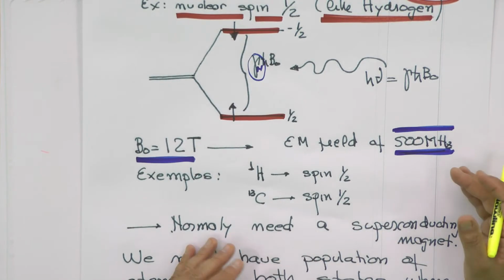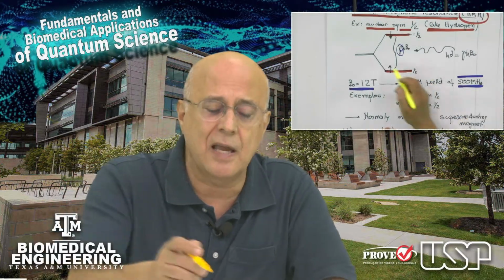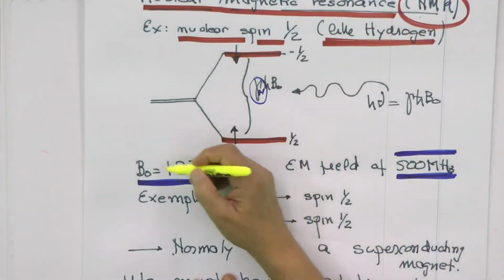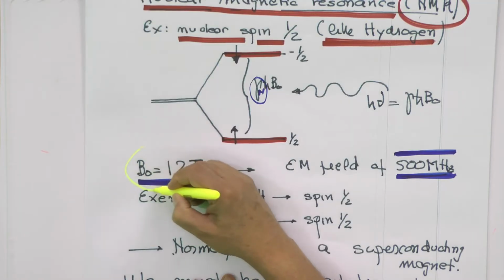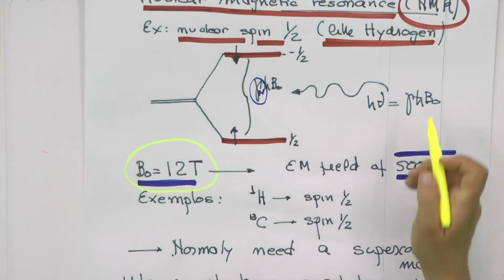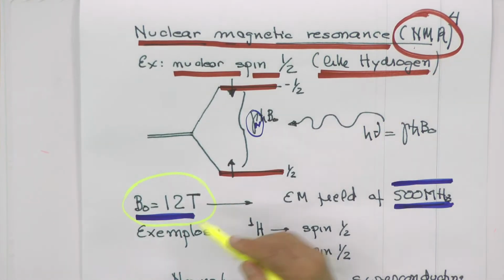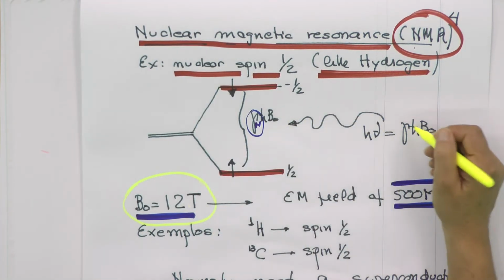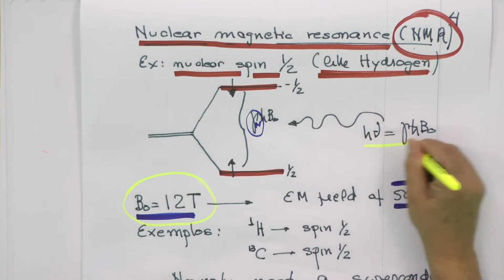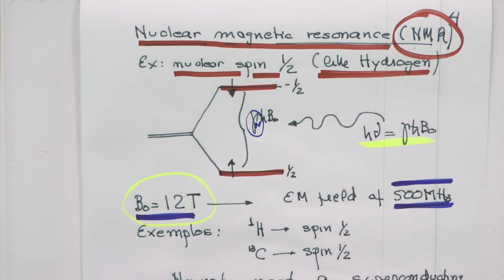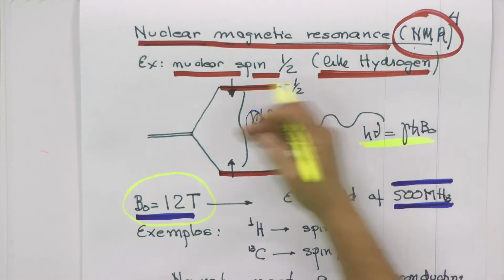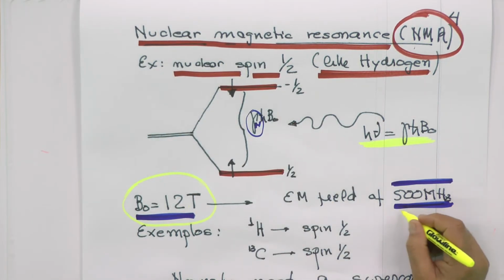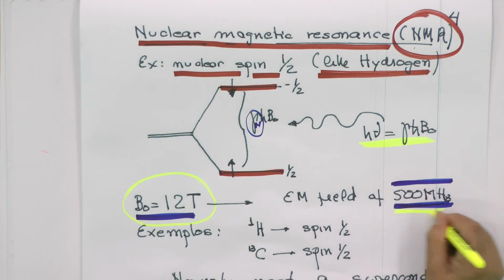Okay, then how does that work? It works the same way I explained to you. I apply a bias field. That's why when you do nuclear magnetic resonance, you always need a big field. Because if you use a small field, the frequency is tiny. It's very hard to produce radiation at very tiny frequencies. Sometimes they don't propagate. 500 megahertz is a good number.